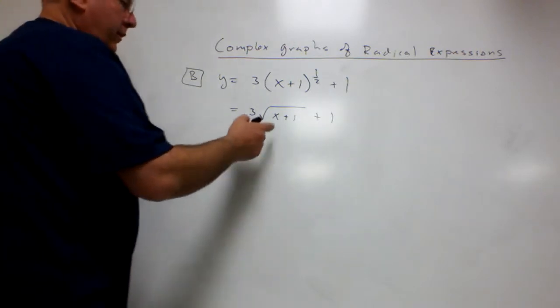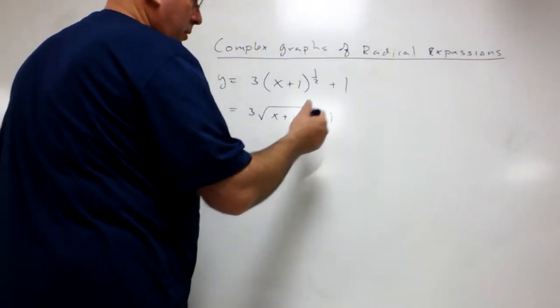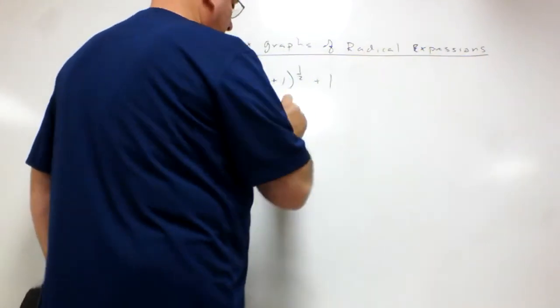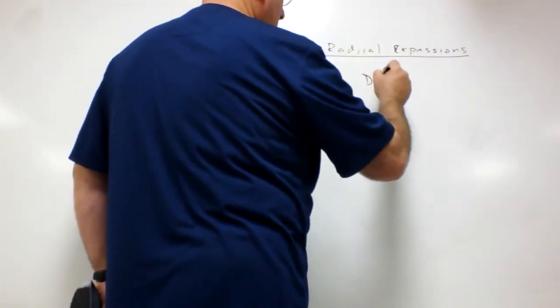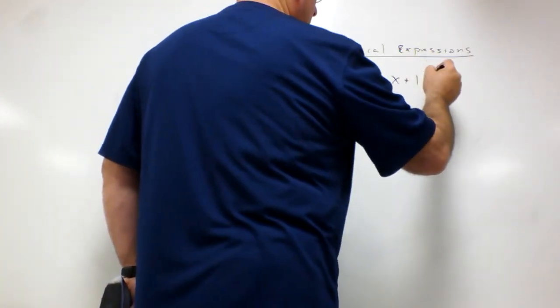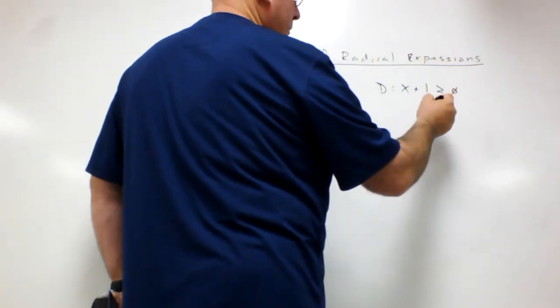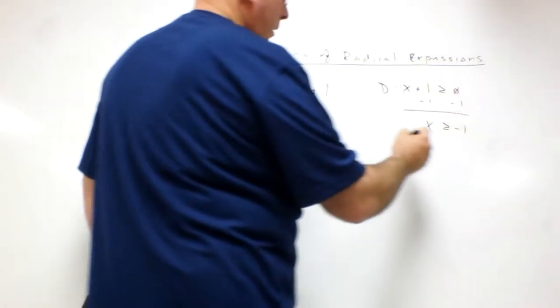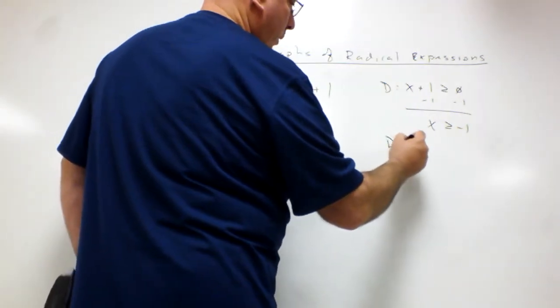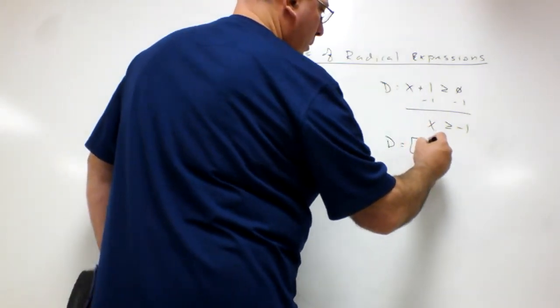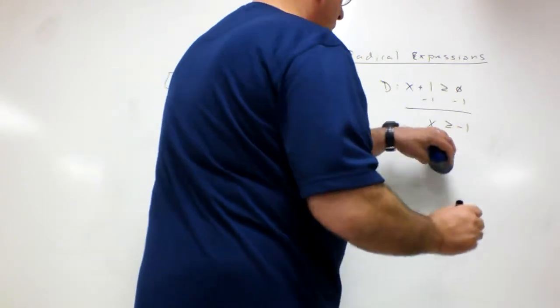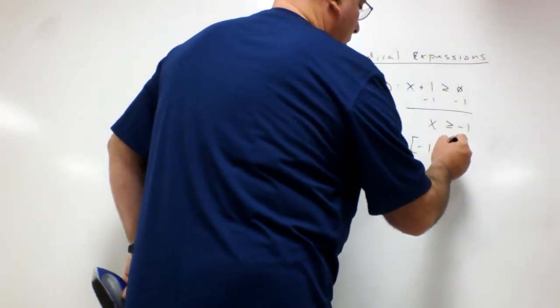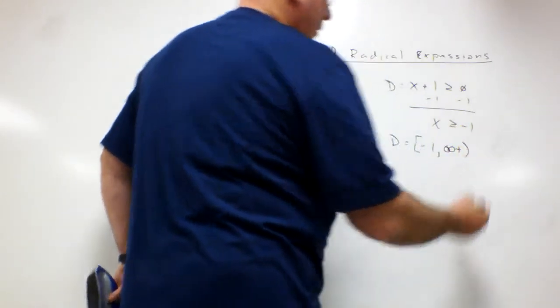And then we want to pick out our domain. Our domain is going to be taking the x plus 1 and setting it greater than or equal to 0. If we subtract 1 from both sides, we get x is greater than or equal to negative 1. So we write that as negative 1 to positive infinity.